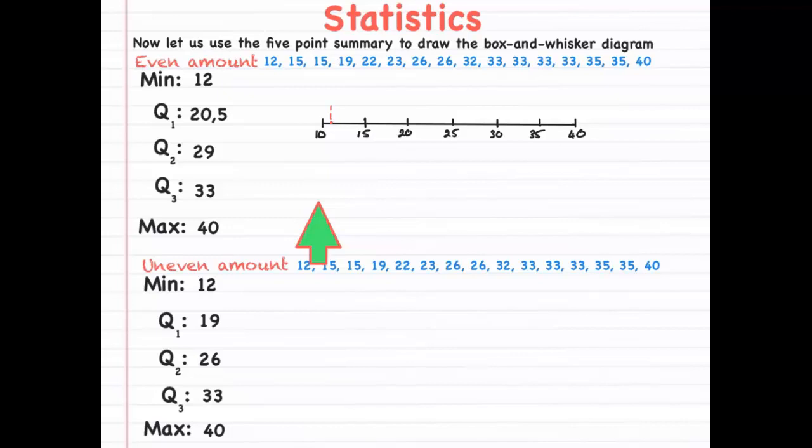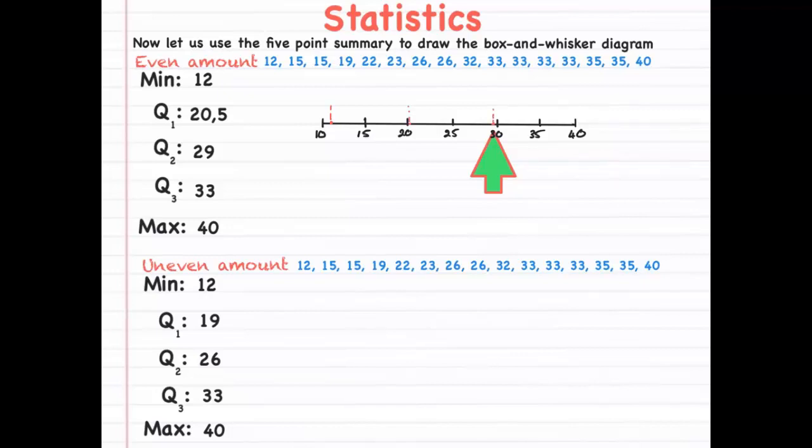Then we go to Q1, which is 20.5, which is just after the 20. So again, I'm just going to make it there we go, and then we go up the same amount of way up to there. Okay, and then we go to Q2, which is 29, which will be in front of the 30, and again I use my red pen just there, and then I go up just as high as the others with my dotted line.